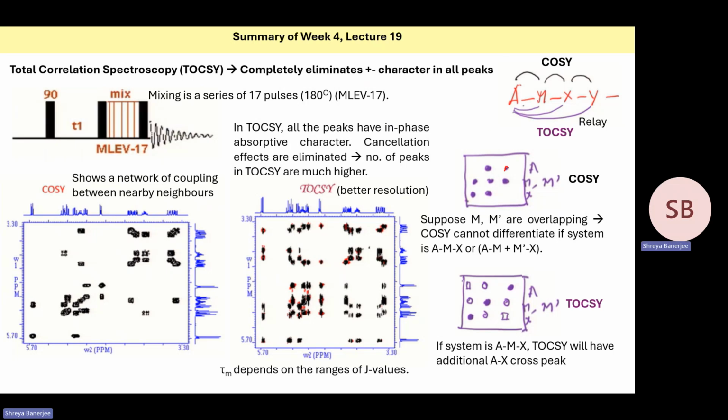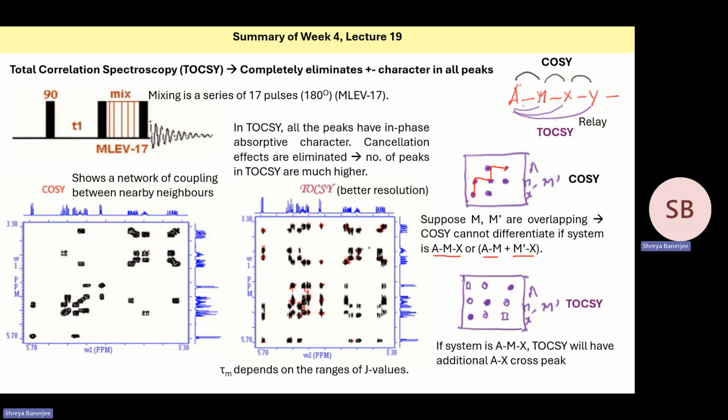So you have an AMX connected system and you have some other proton M prime which has the same chemical shift as M. So in COSY, you can see that A is interacting with M, M is interacting with X. But we cannot predict whether the system is AMX or the system is AM plus M prime X. Because if it is AMX, then A and M cross peak will be there, M and X cross peak will be there.